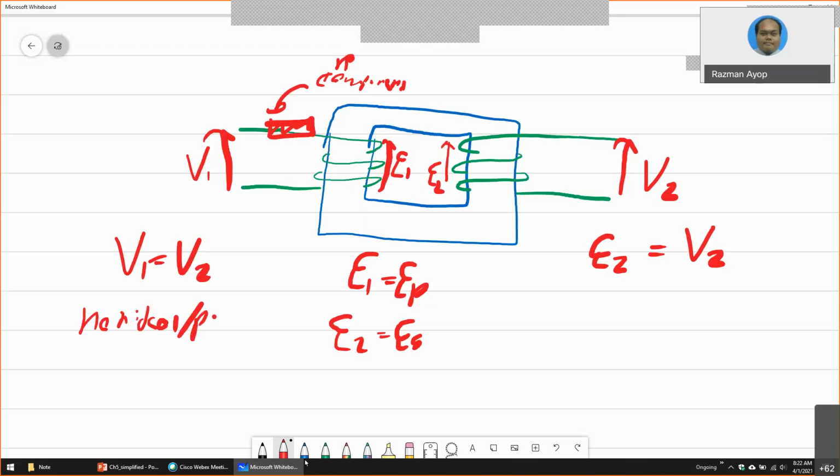This one is E1, this one E2, V2. So V1 is not equal to E1. Make sure you know the difference. This is just how to differentiate the symbols we use.